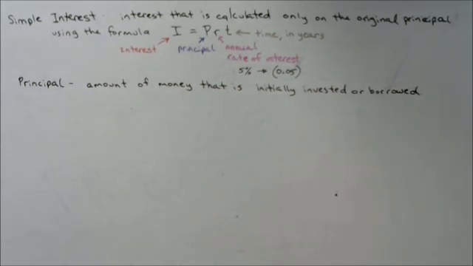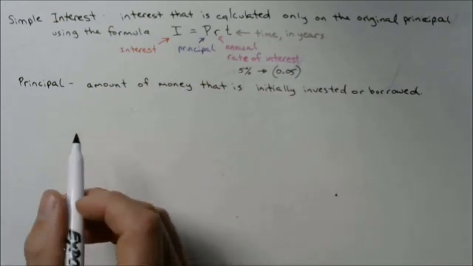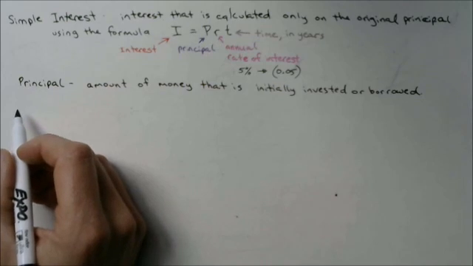So when we're talking about simple interest, let's say you invest $500, you gain interest on it, you're only gaining interest on that principal. That $500 remains the number that you use as the principal.